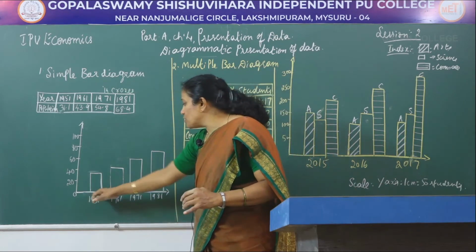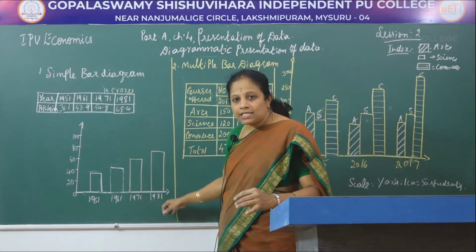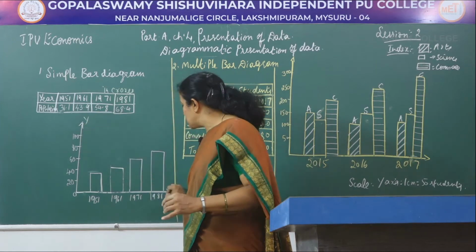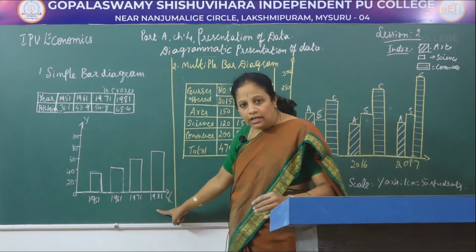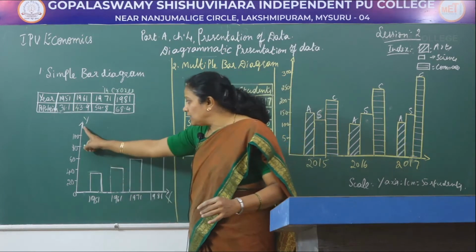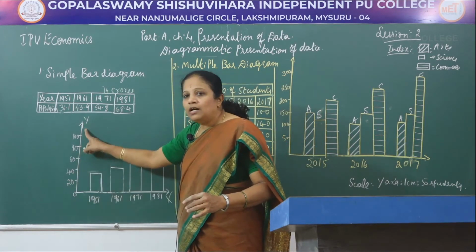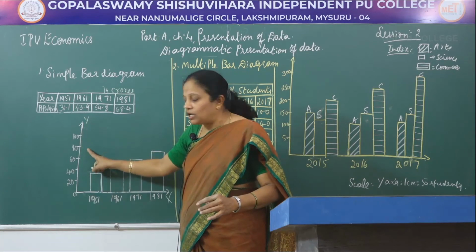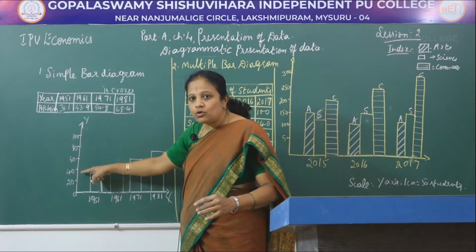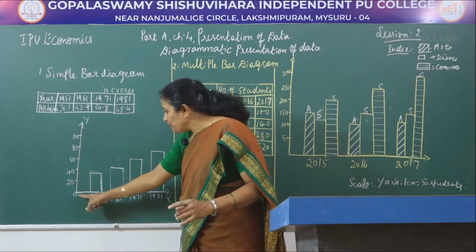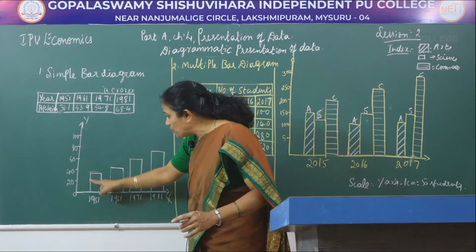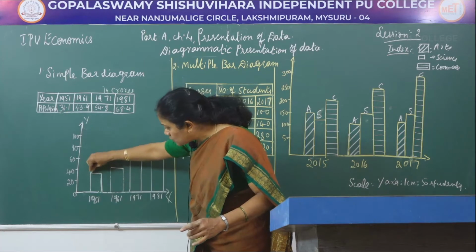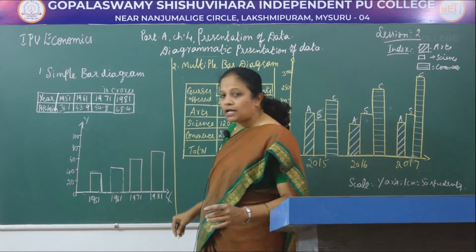We have to draw two lines, one as the x-axis and the other as the y-axis. On the x-axis we mention the year, that is the time, and on the y-axis we mention the total population, which is increasing in steps of 20 points. In the year 1951 it is 36.1, so 36.1 is marked here.